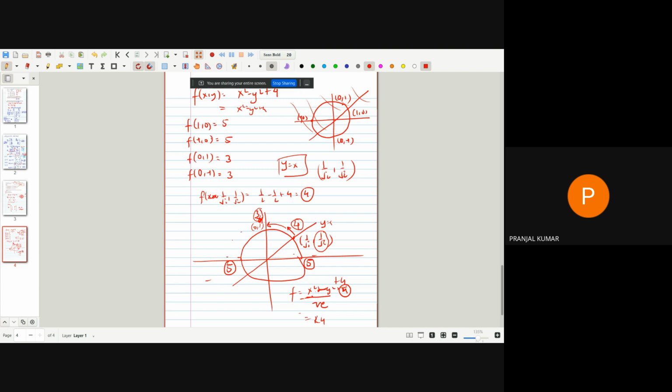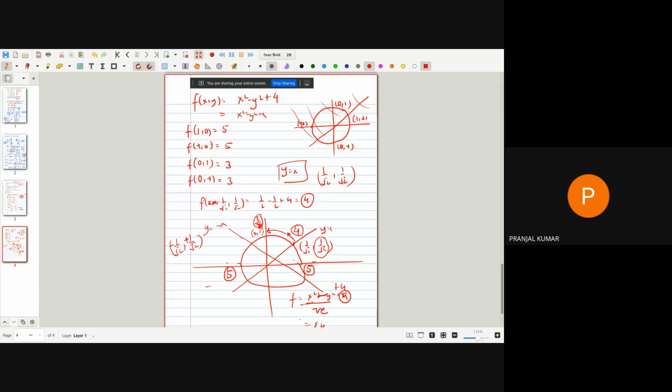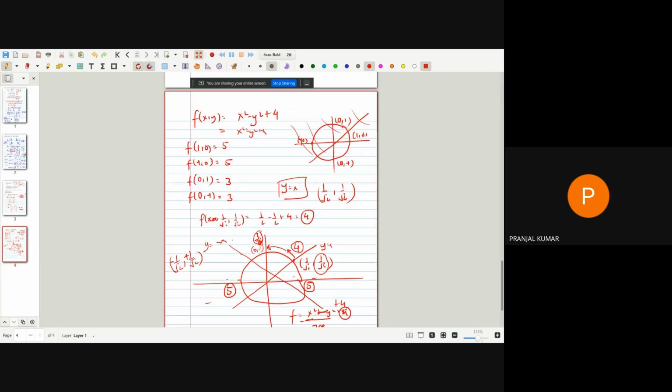Then what happens? At y equals minus x, the point on the boundary would be minus 1 by square root of 2 and plus 1 by square root of 2. Okay, so that would give you 1 by 2 minus 1 by 2 and again 4.